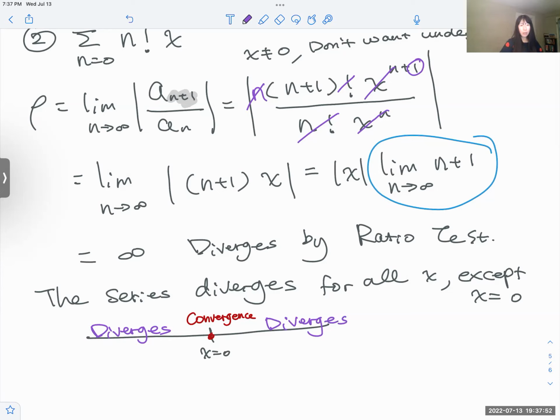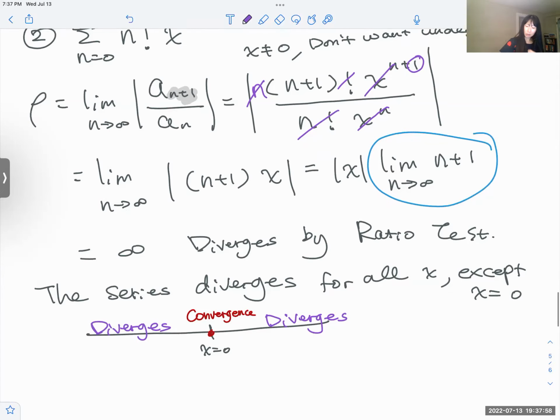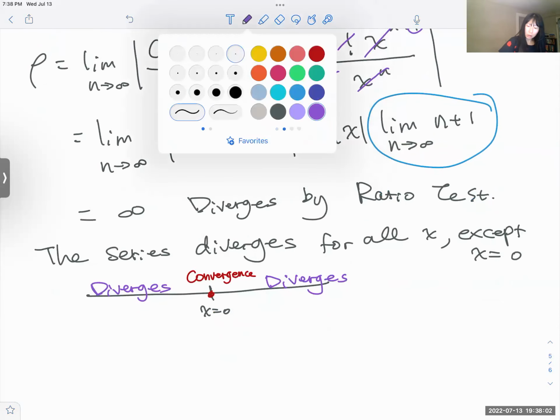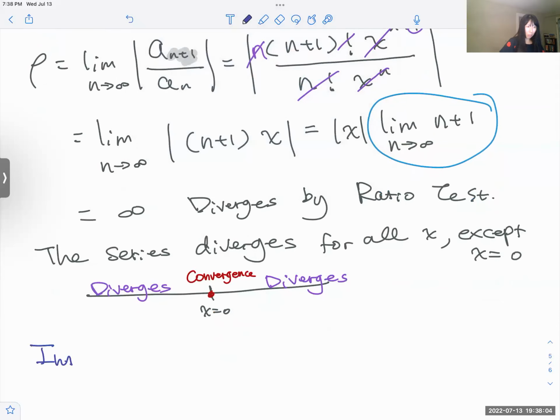All right, then we said the interval of convergence is only one point. So let me write down. Of convergence. There is no interval, only one point, right? So we can say that x equal to 0.